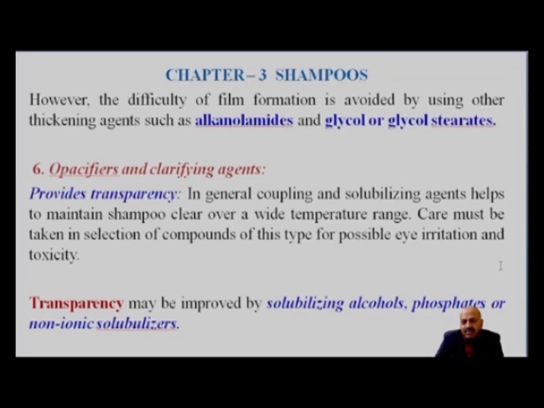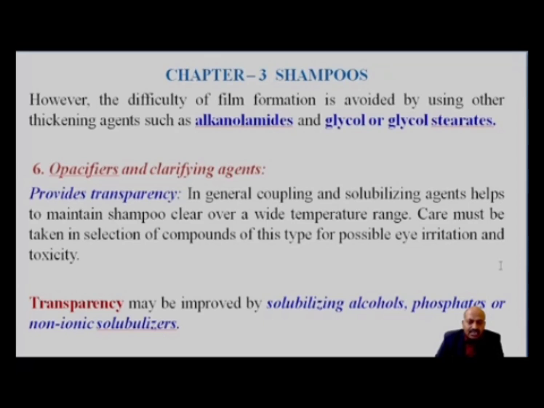So with these opacifiers and clarifying agents, the main purpose is to provide transparency. Some shampoos, when you see them, are very transparent, like water. So transparency can be increased by adding these opacifiers and clarifying agents. In general, coupling and solubilizing agents help to maintain shampoo clear over a wide range of temperatures.